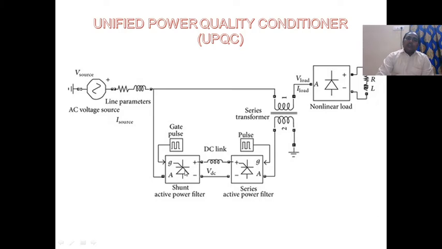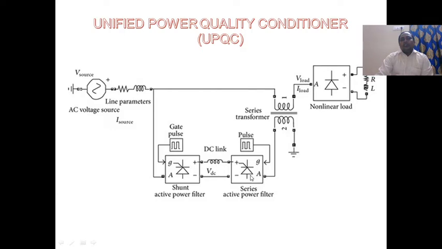There are a number of techniques: pulse width modulation, sinusoidal pulse width modulation, and space vector modulation. Of these three techniques, we use any one for operating the active power filter circuit. The DC link is used to store energy.